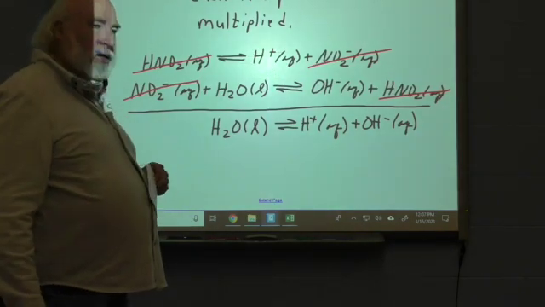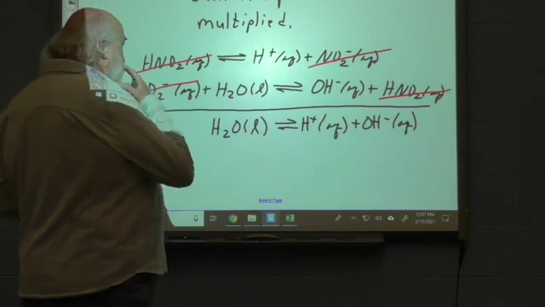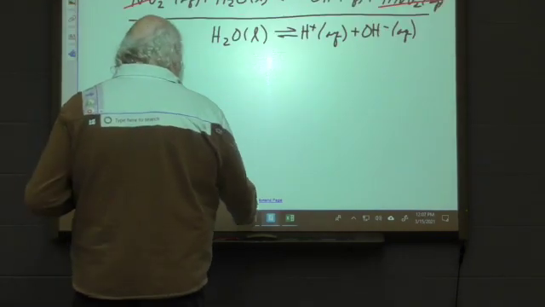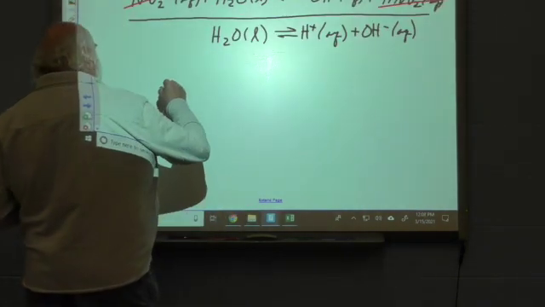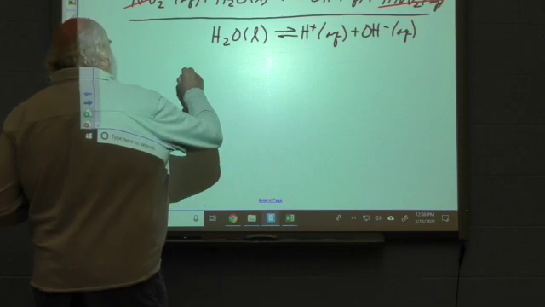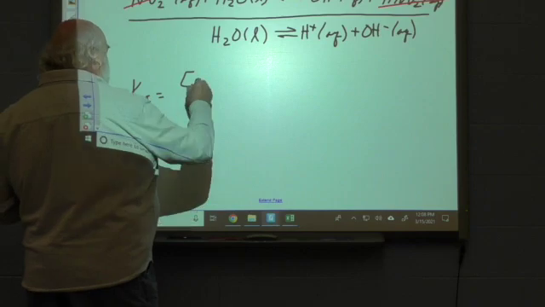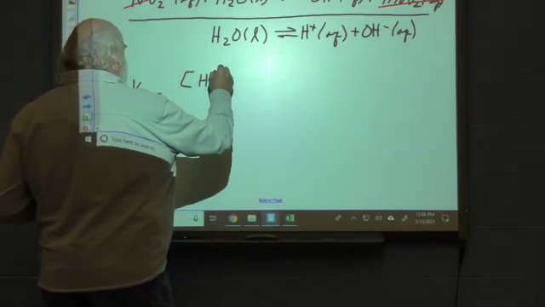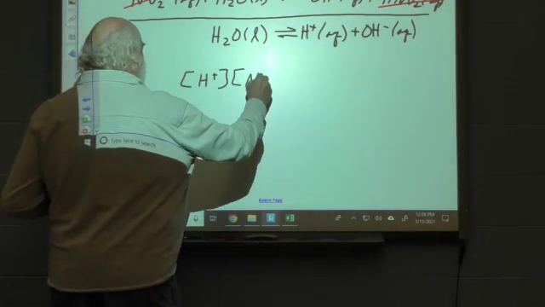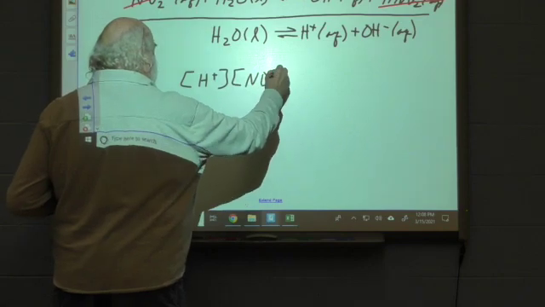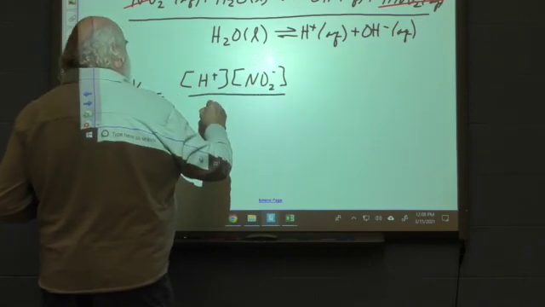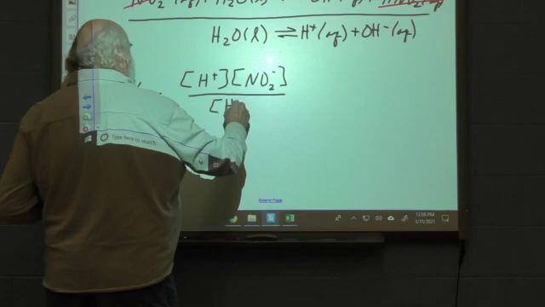Let's see. Now let's multiply the two expressions together. We had the Ka: the concentration of H positive times the concentration of NO2 negative over the concentration of HNO2.